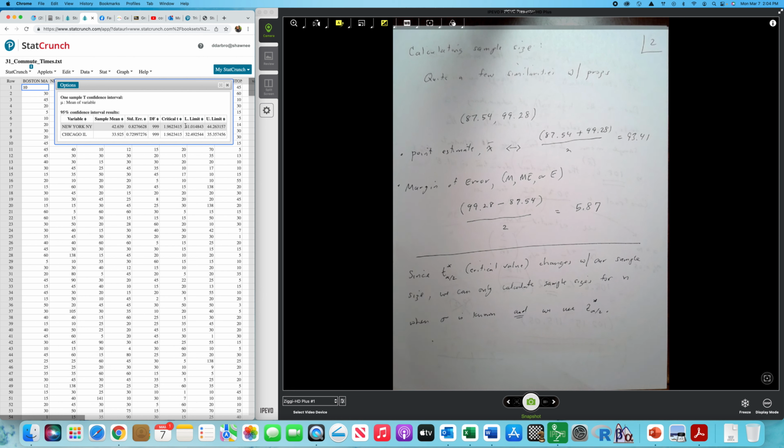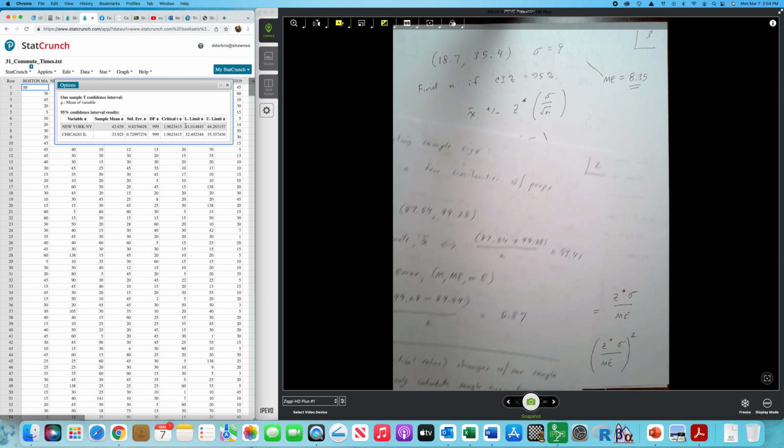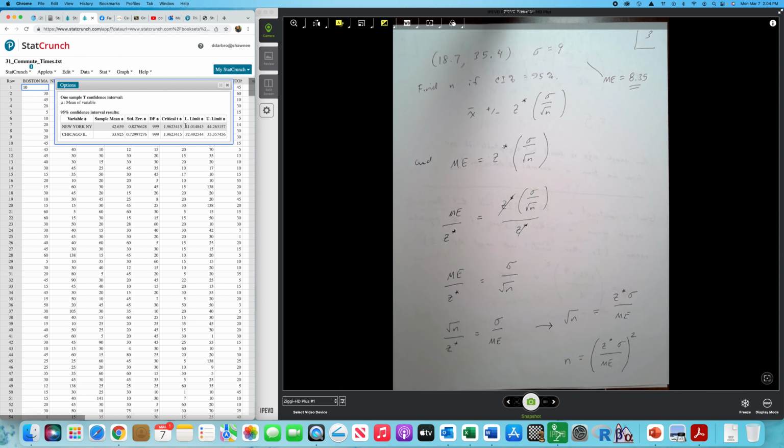Again, it's just a caveat for obvious reasons. The T critical depends on the degrees of freedom, which depends on the sample size, and the critical value needs to remain constant for us to be able to calculate n. So we must have the population standard deviation value to calculate the sample size.